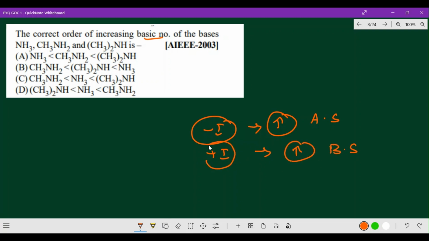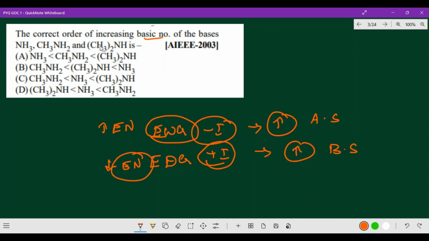The plus I effect is the electron donating group, whereas the minus I effect is the electron withdrawing group. Electron withdrawing group means more electronegativity, and electron donating group means less electronegativity. Please remember all these ideas. Plus I increases means basic strength also increases.